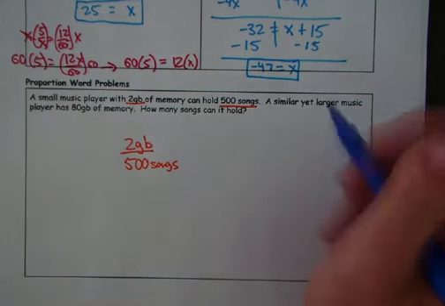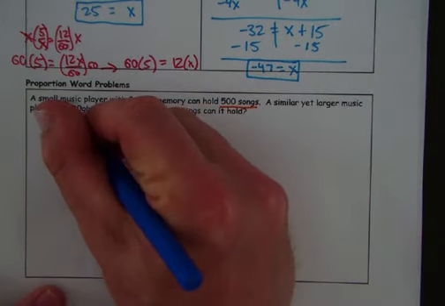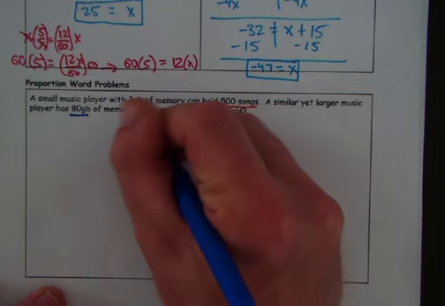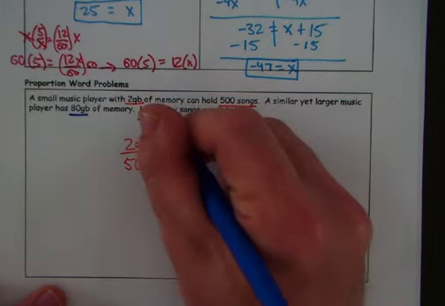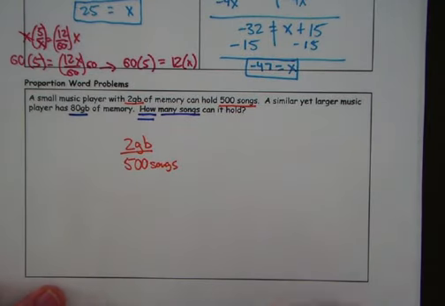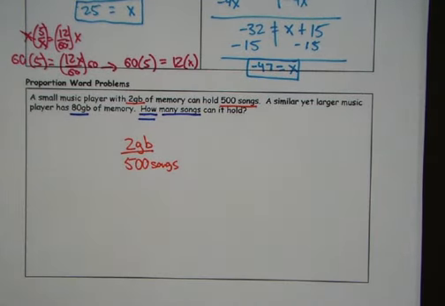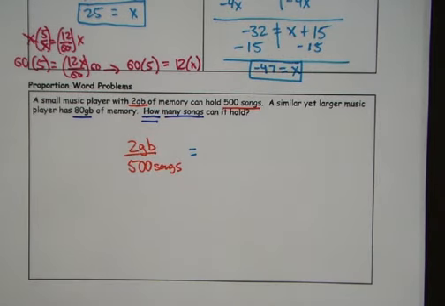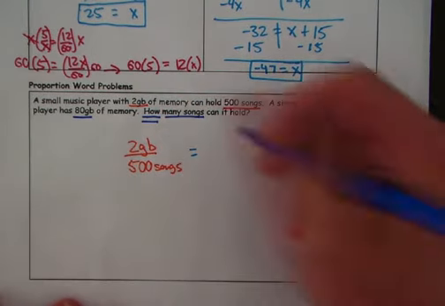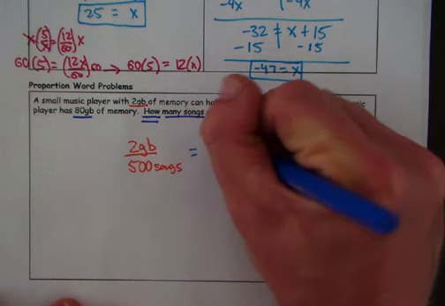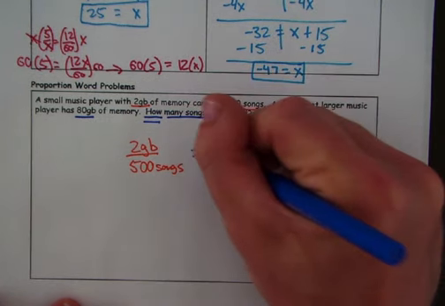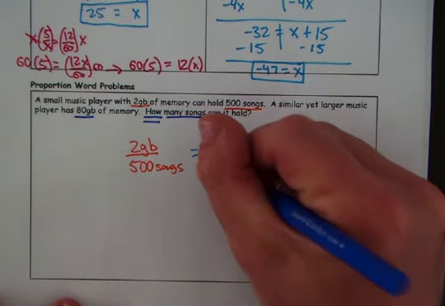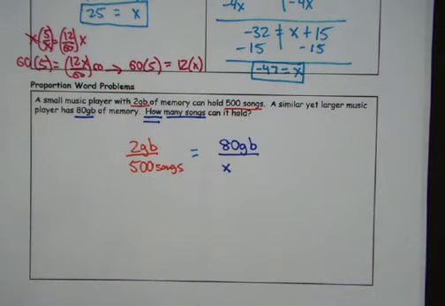Then a similar yet larger music player has 80 gigabytes of memory, but we don't know how many songs. It says how many songs, right? So this is going to be a proportion, so it's equal to, we have gigabytes on the top, so we're going to say 80 gigabytes for this larger one, but we don't know how many songs. So for the how many, we're going to put in an x.